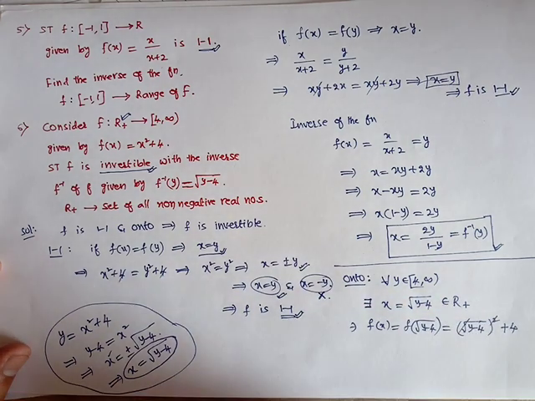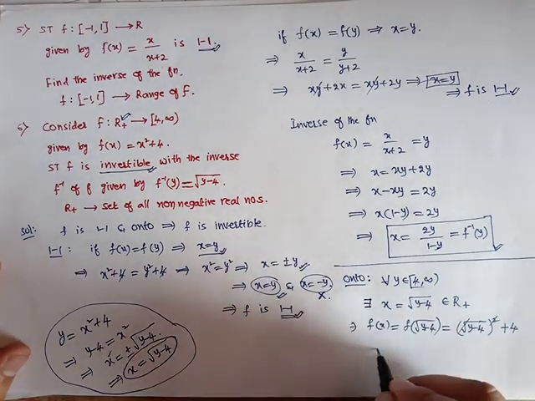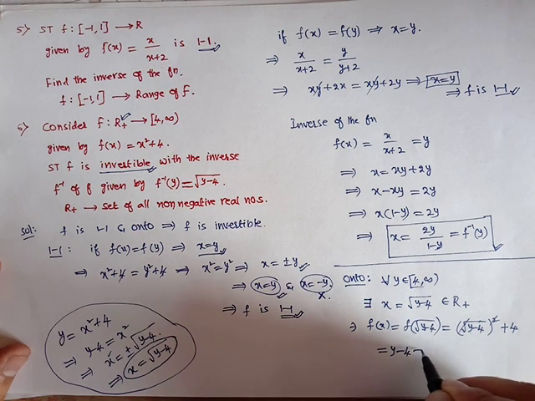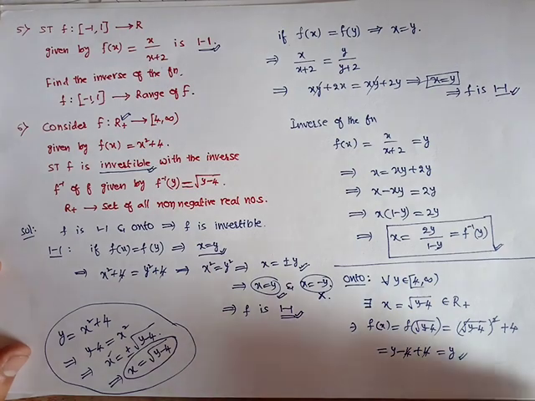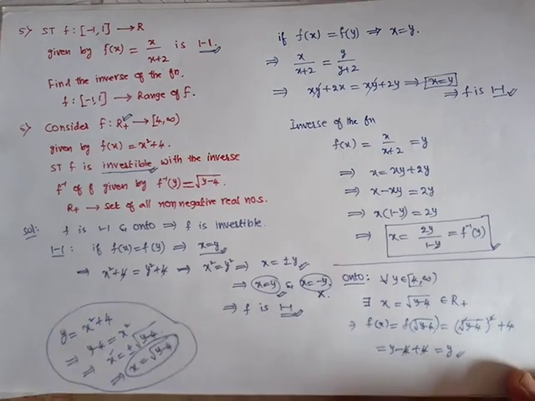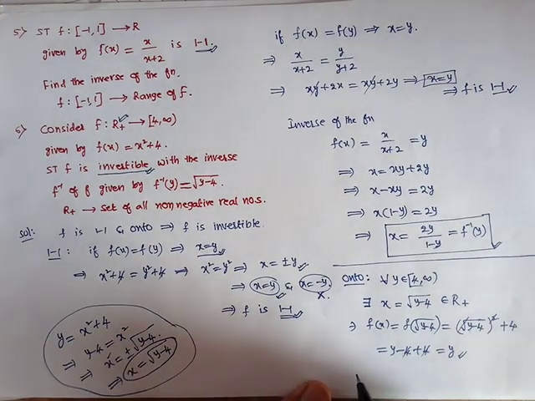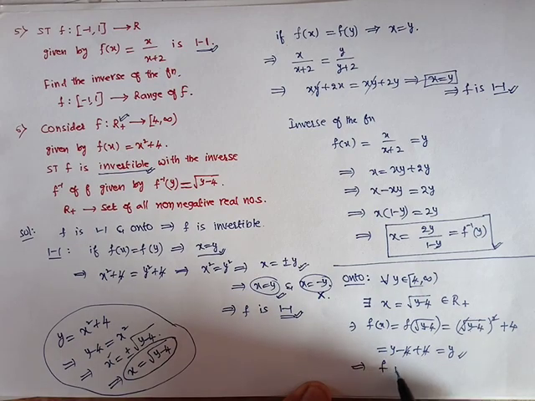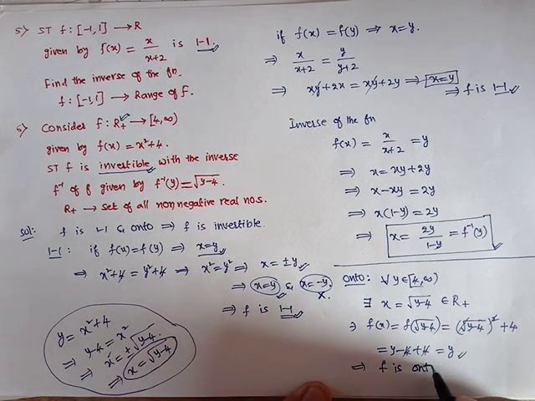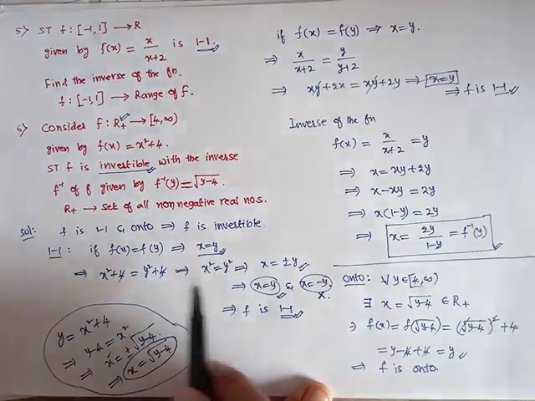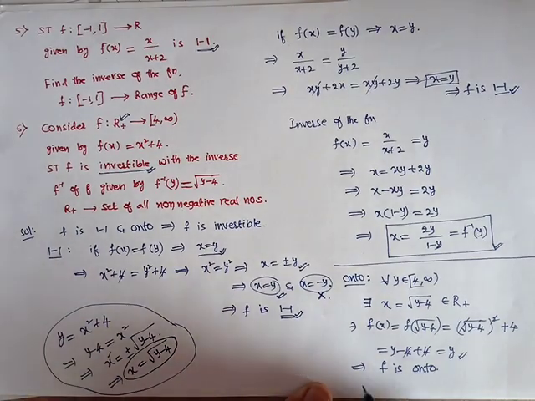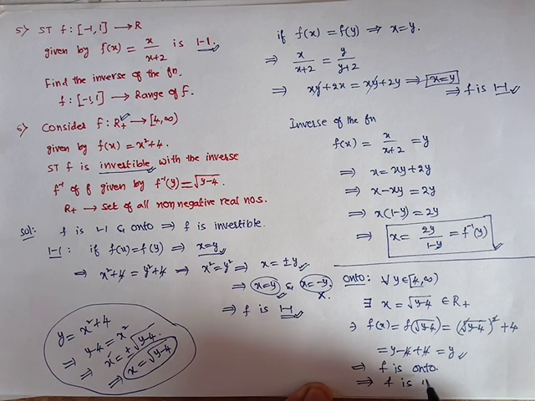Square and square root get cancelled, it is y − 4 + 4, the 4 and −4 cancel, so f(x) = y. So f(x) = y, the meaning is f is onto. f is already 1-1 and f is onto, so this implies f is invertible.